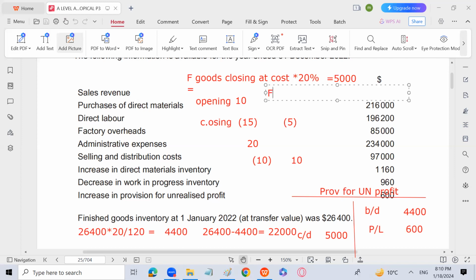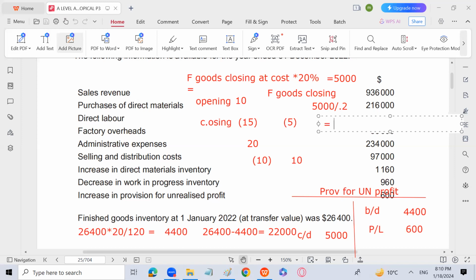Let's calculate finished goods closing at cost. That is going to be 5,000 divided by 0.2. The 20%, by going on the opposite side, will be divided. So how much is 5,000 divided by 0.2? 25,000.